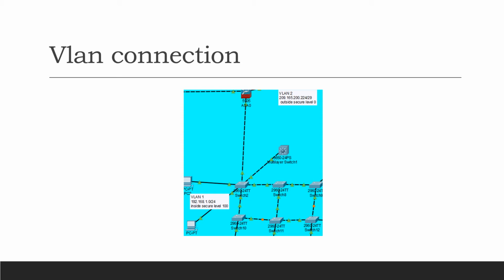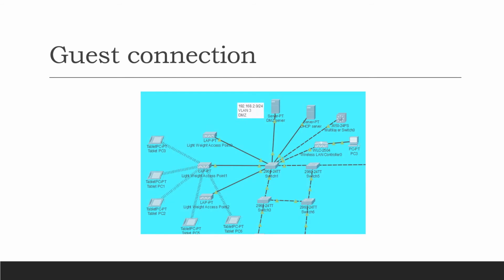And the multiple switch goes with one of the switches, and it also goes with another server to make the IP address work and send messages to other devices. And the guest connection is also very important in this network design.